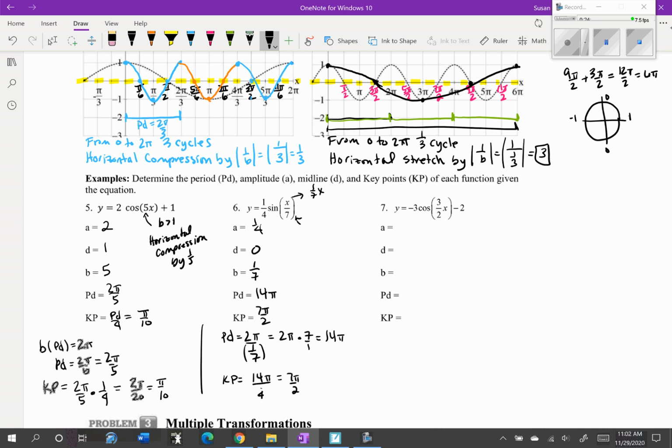And this one, because your b value is in between 0 and 1, that tells us this is a horizontal stretch by, and 1 over b would be 1 over 1/7, so by 7.